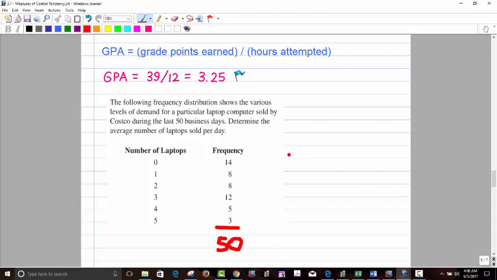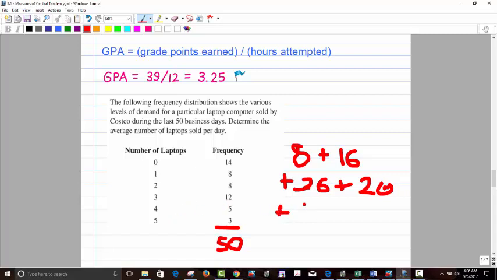So essentially it's 14 times 0 plus 8 times 1, so it's going to be 8, plus 16, plus 36, 12 times 3, plus 20, plus 4 times 5, and then 5 times 3 is 15. Yeah, I'm not using a stylus and a tablet PC.